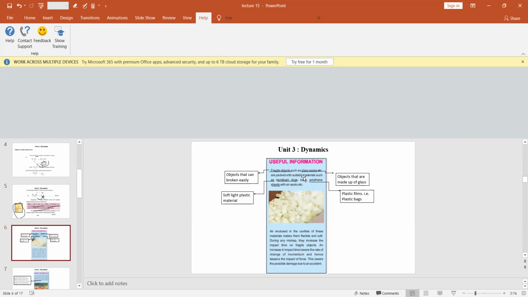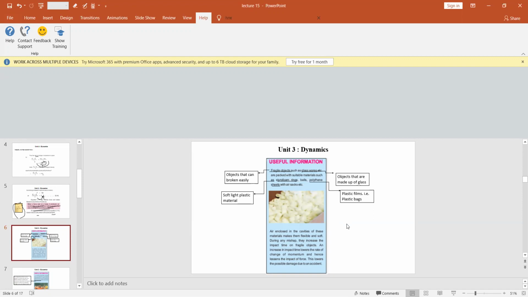Glasswares are made of glass. In the laboratory you see beakers, thermometers, funnels. These are all made of glass. We generally call them glasswares, and they come under the category of fragile objects. These objects are very sensitive, and we know that they can easily break. So what we do is pack them in such material to keep them safe from damage, right?